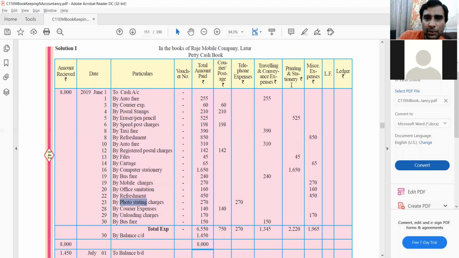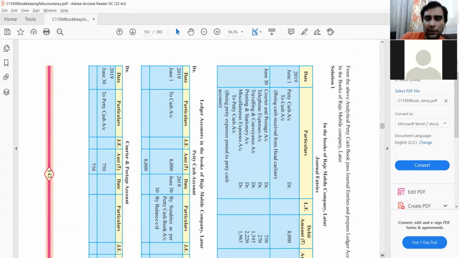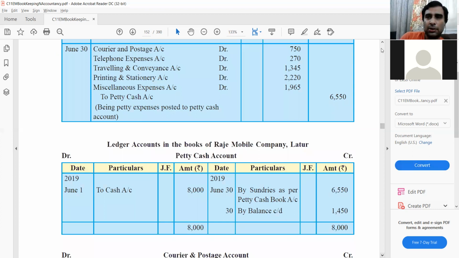So 270 photocopying charges, I would not put in miscellaneous, I would put here in printing and stationery. This is just about putting it in the right column and having some knowledge as to how you merge the English language used in the question into a particular account. That is something you should be able to use your own logic to assess and decide. Let's move on to the next example.